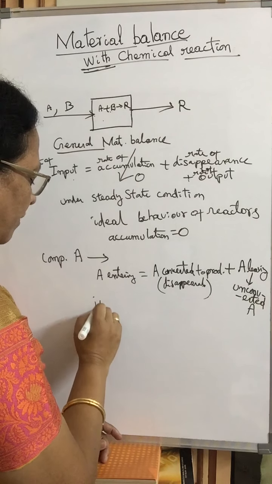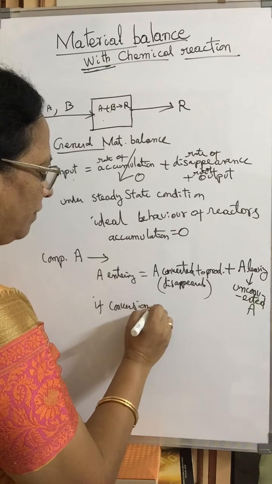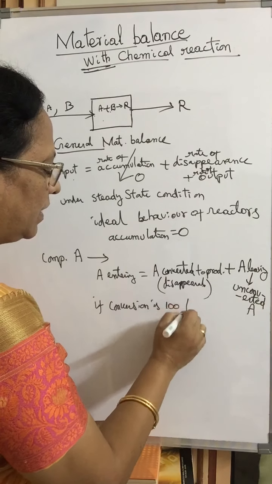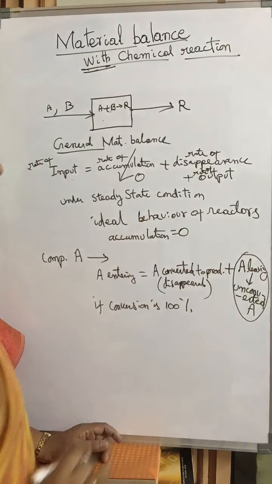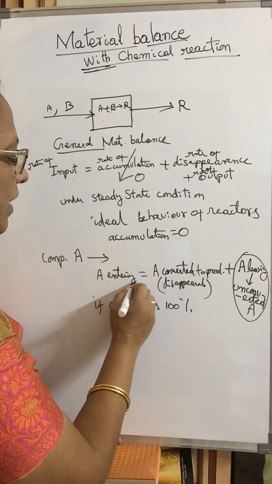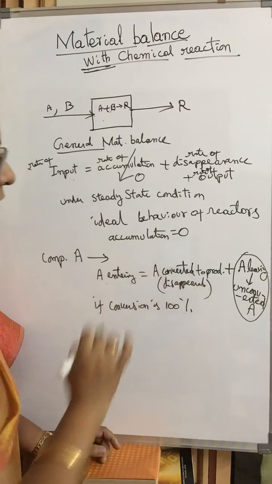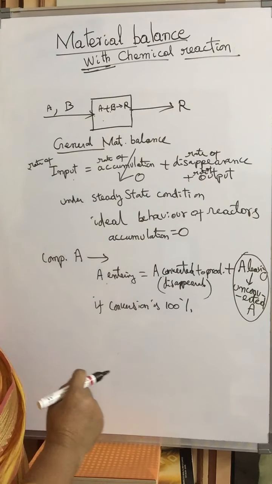Suppose the conversion is 100%. If conversion is 100%, then the unconverted term will not be there. Only whatever A is entering must be equal to A converted. So this is the balance.